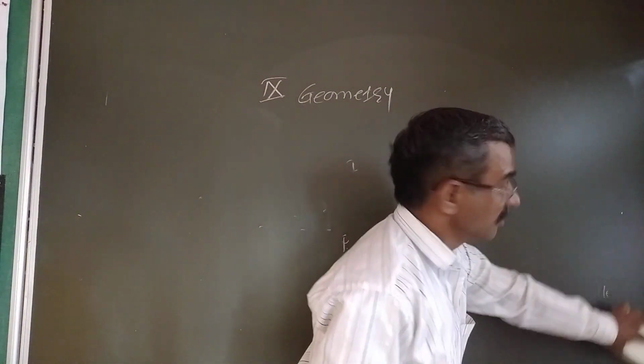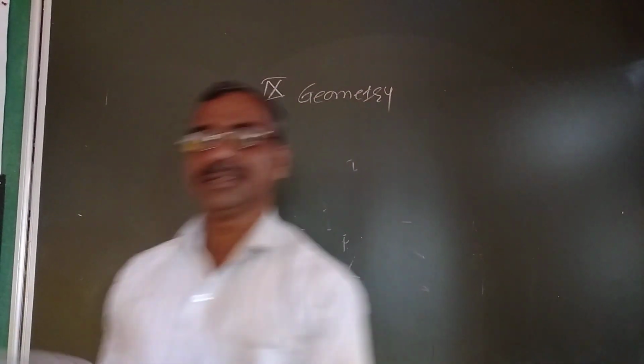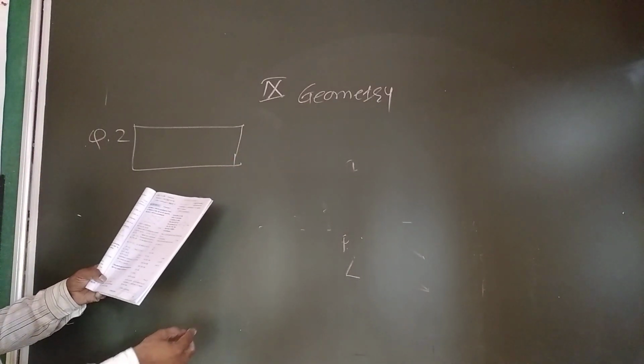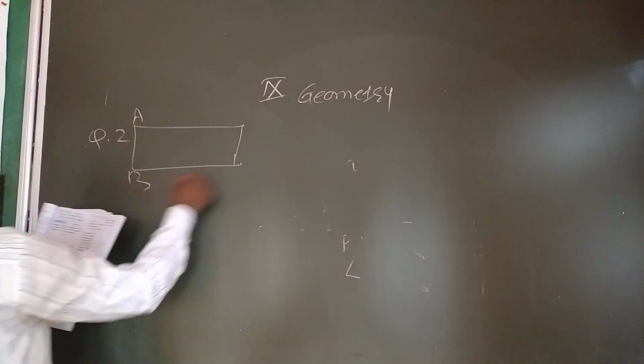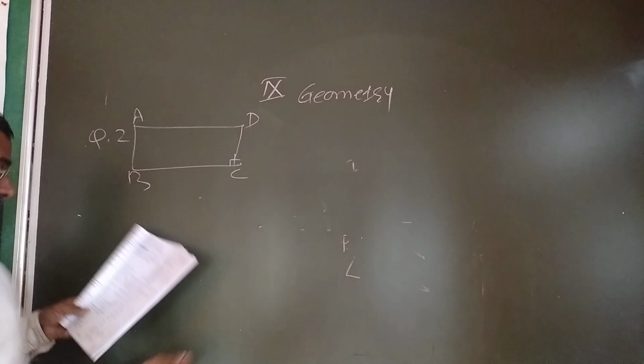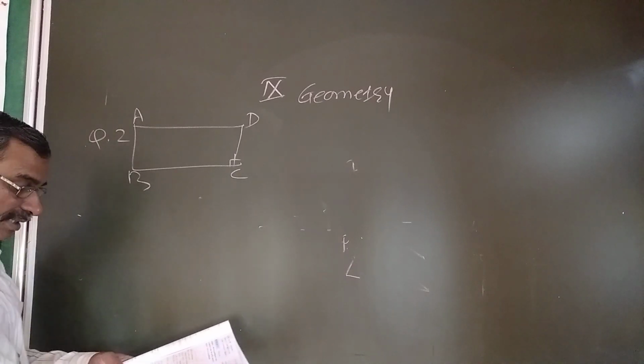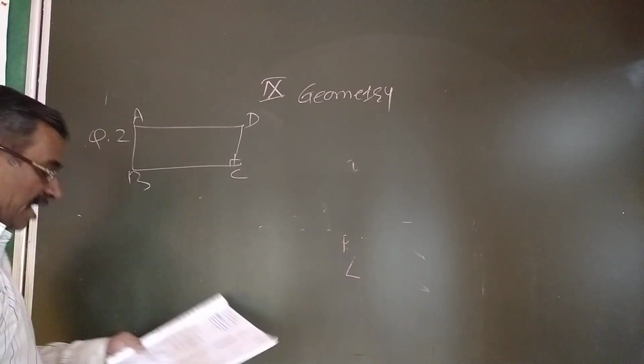Then we solve question number 2. I draw the diagram. ABCD is a rectangle. Using the test of a parallelogram for opposite angles, prove that every rectangle is a parallelogram.